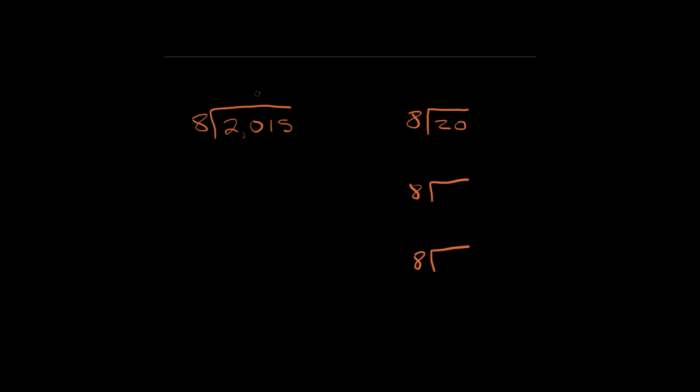So 8 into 20. That can happen twice to get 16. I'm going to work through this one kind of quickly. 4. Bring down the 1. How many 8s go into 41 is kind of the question you ask in your head. That answer is 5. 5 times 8 is 40.